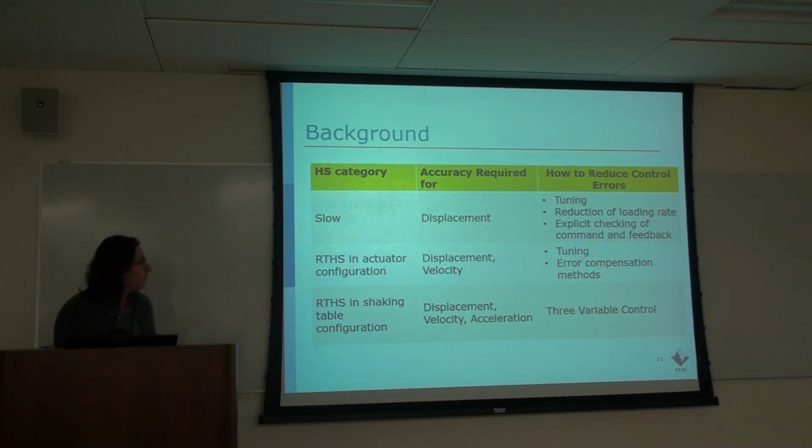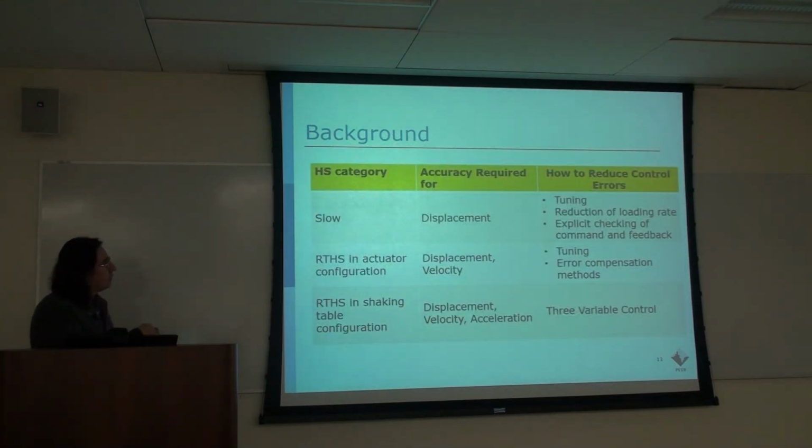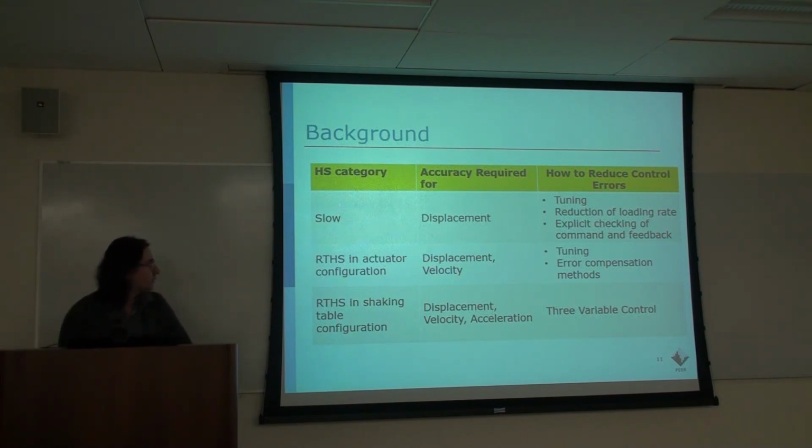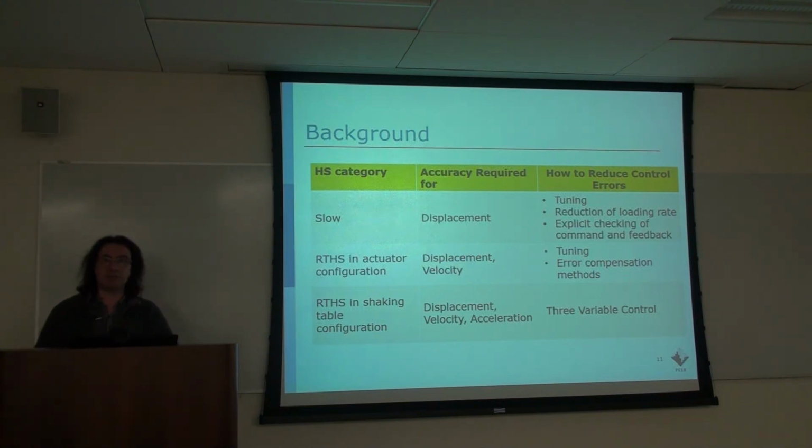In the case of real-time hybrid simulation in an actuator configuration, this is the real-time hybrid simulation that is done by connecting specimens to the actuator. So it's different than the shaking table configuration. As I mentioned yesterday, the requirement for this is to be able to apply the displacement with the correct rates.